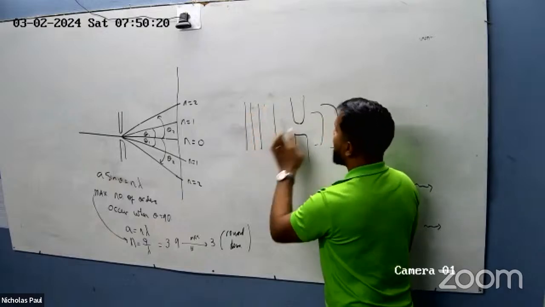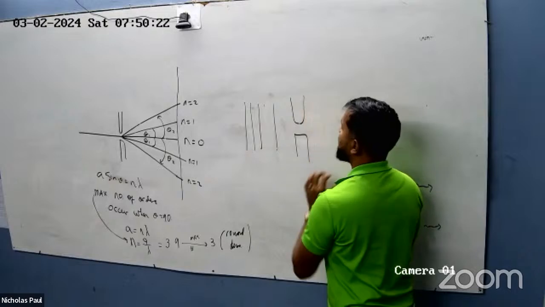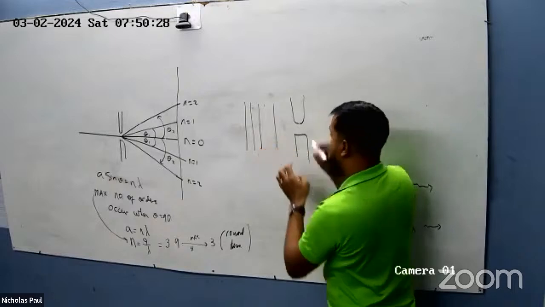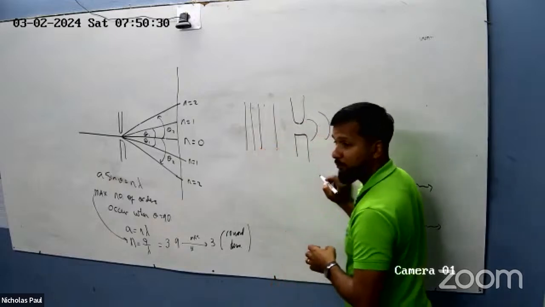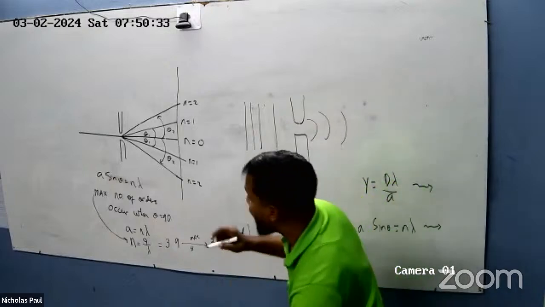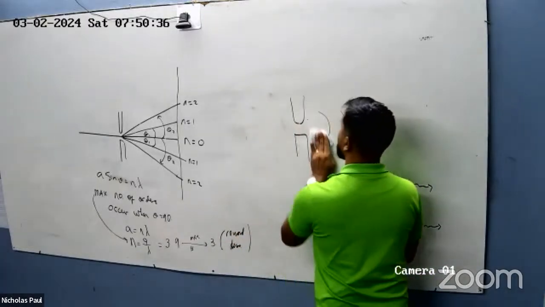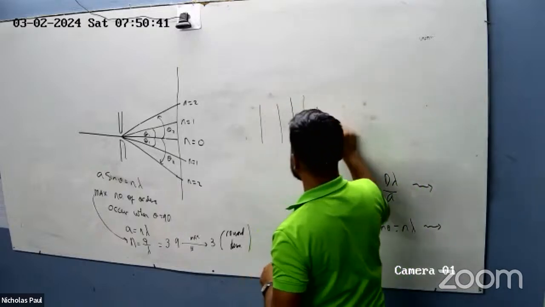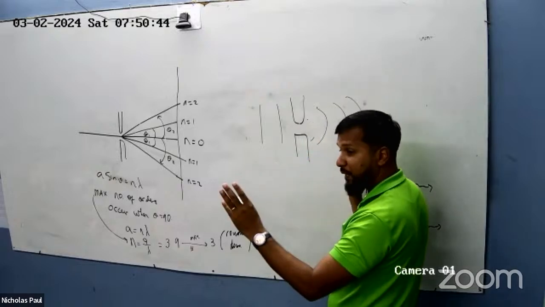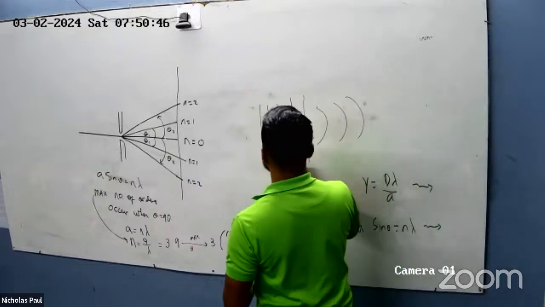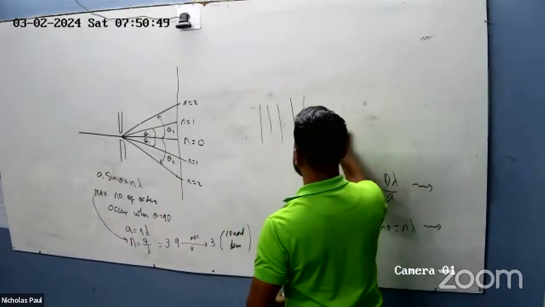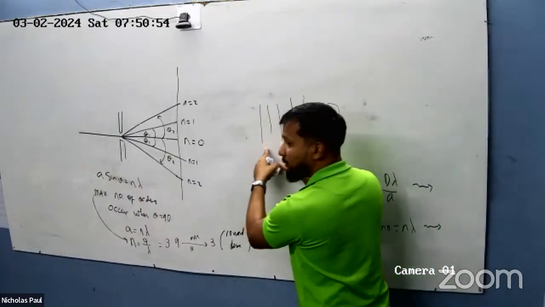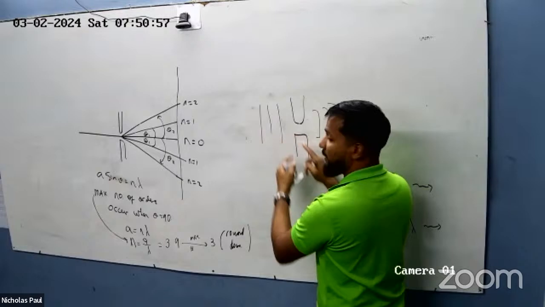But if the wavelength is comparable, or this is smaller than this, then you will have greater dispersion. So if the opening stays the same, the bigger wavelength gives me greater spreading, so theta is more. And the smaller wavelength gives me less spreading. So the bigger the wavelength, the more spreading. Closer the wavelength, the less.